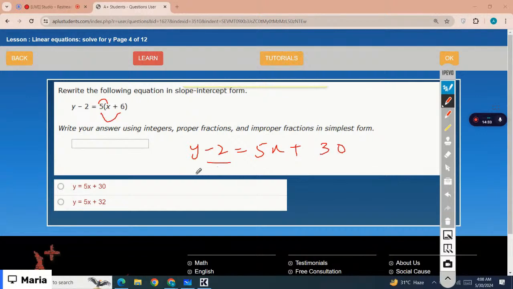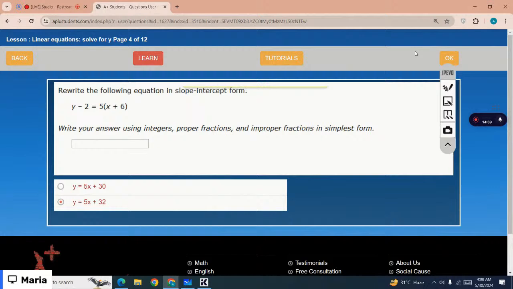So you need to move the 2 to the other side. So y equals 5x plus 30 plus 2. So the correct option is the second one, that is y equals 5x plus 32. Option number 2 is the correct option.